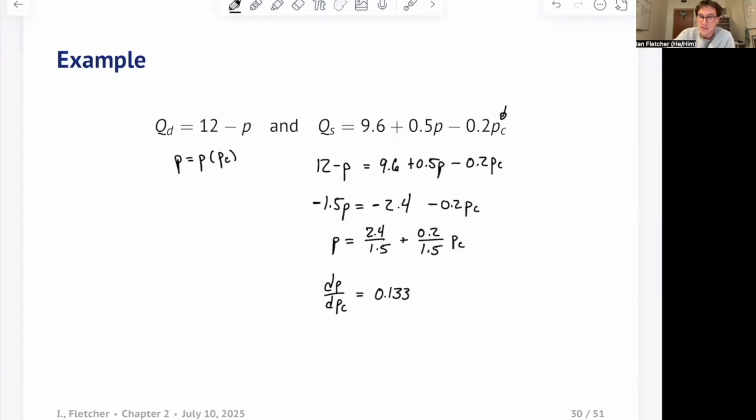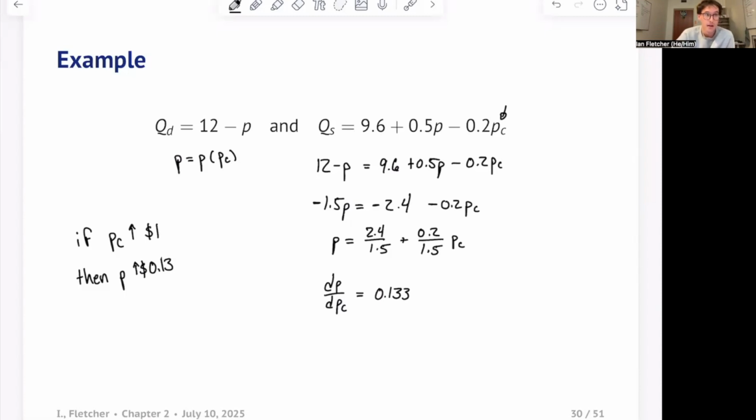And so what this means is that if the price of the complement increases by $1, the price of our own good should increase by like 13 cents or something like that. So if Pc increased by $1, then P should increase by 13 cents.